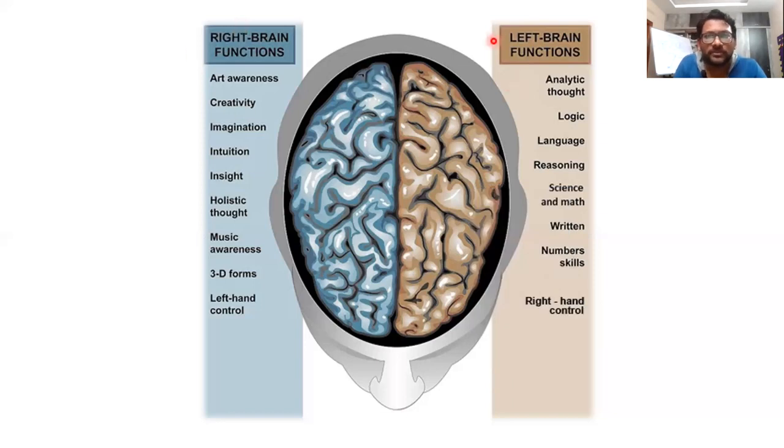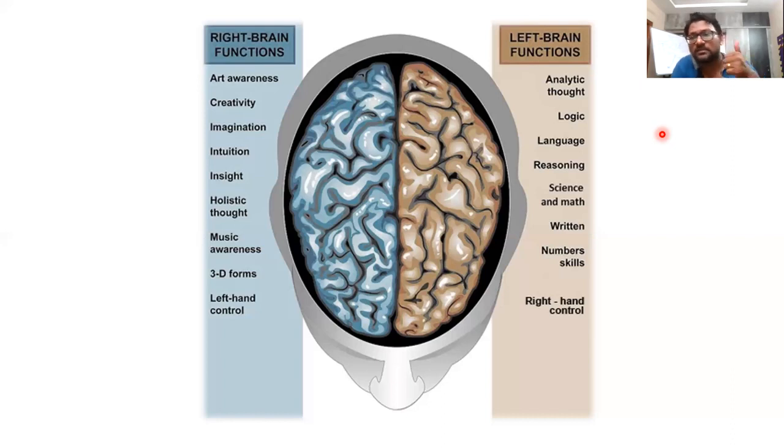The left hemisphere contains Wernicke's area, which controls language reception and is located in the left temporal lobe. Damage to this area can result in problems with language comprehension. Language can't be comprehended if Wernicke's area is damaged.